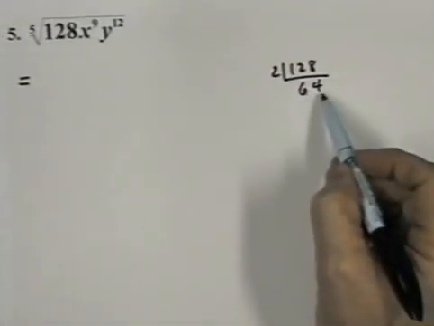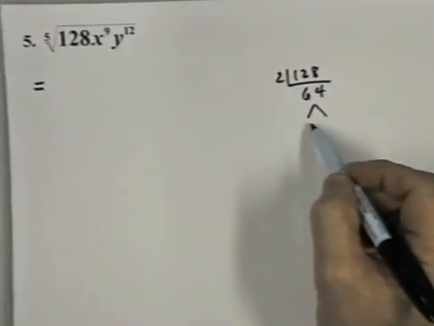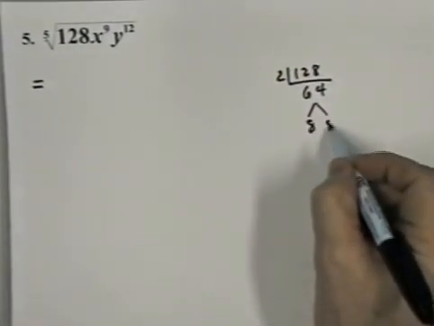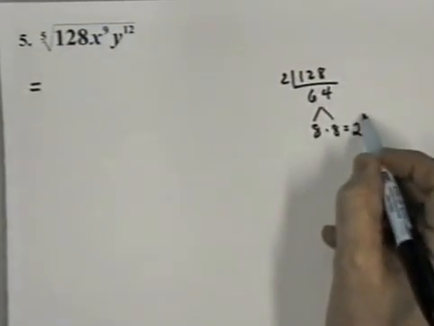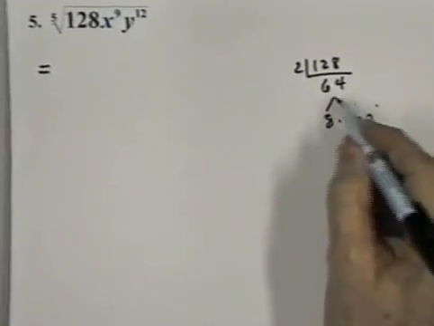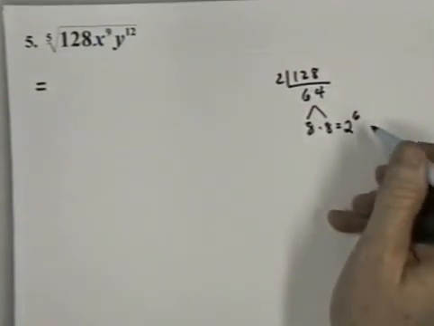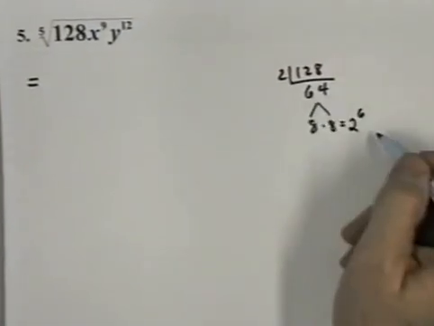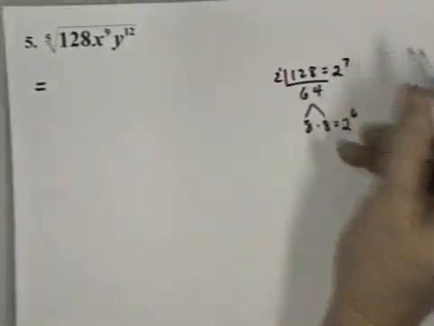Well, 64 you might recognize is 8 times 8, or 2 cubed times 2 cubed, that's 2 to the 6th power. And so we've already got a factor of 2 here, so this must be 2 to the 7th power.